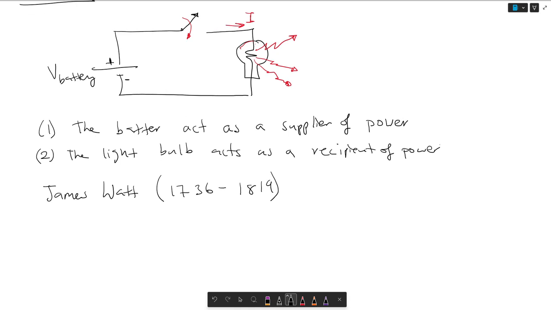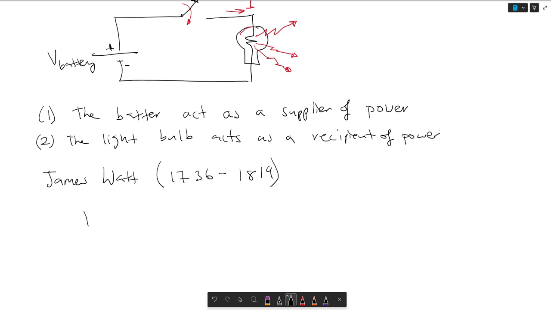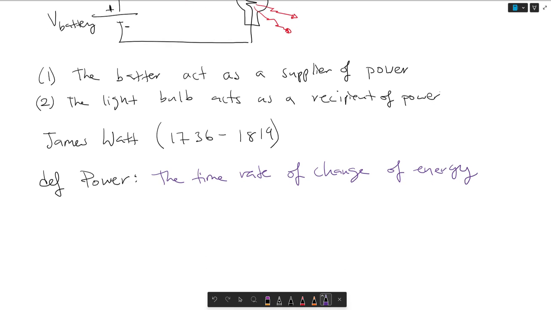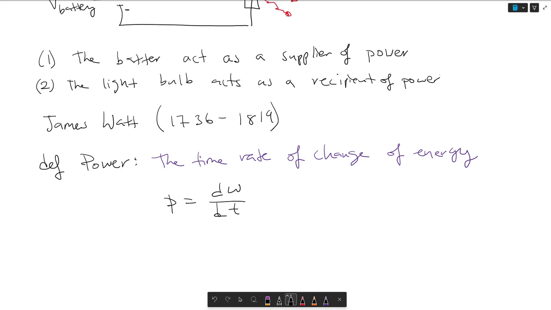He was a Scottish engineer who defined power as the time rate of change of energy, where we say that P is equal to dW over dt, where again this d is just delta, which means change in W over change in time.